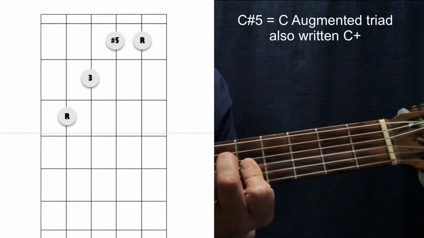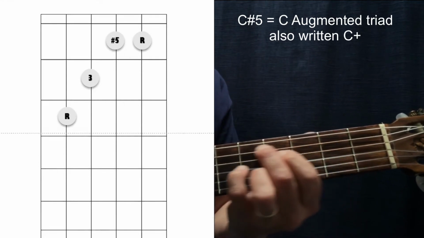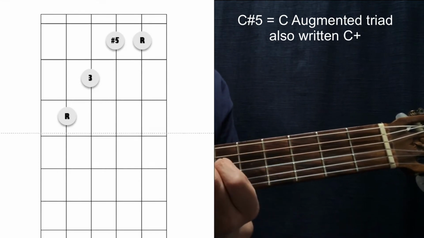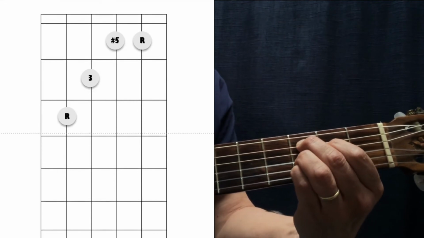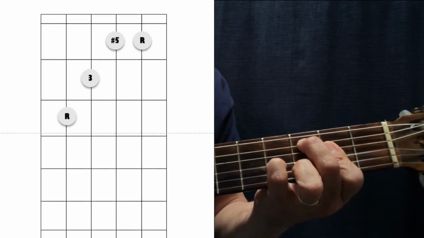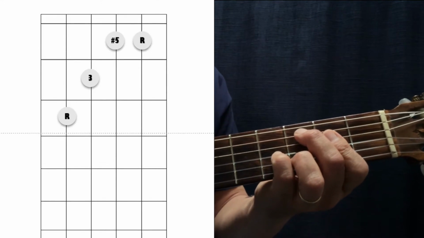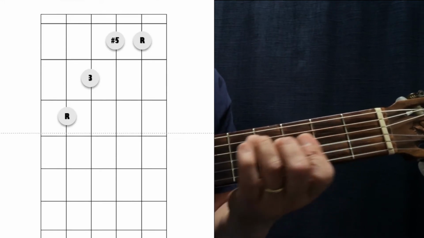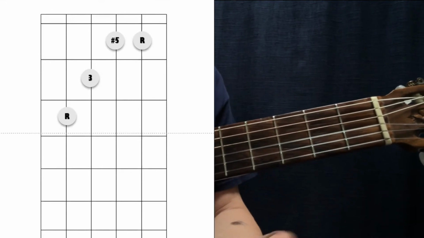And you will see a lot of these shapes that I showed you today move up and down. The 9th, okay, the 6, 9 move up, the major 7, 9, they move up. What I've just shown you actually, this augmented chord, they move up. So a lot of these shapes actually are movable.